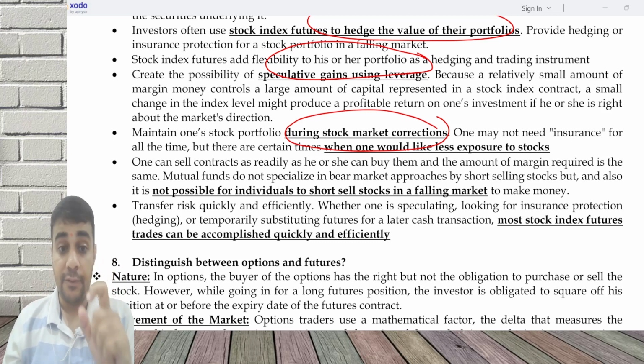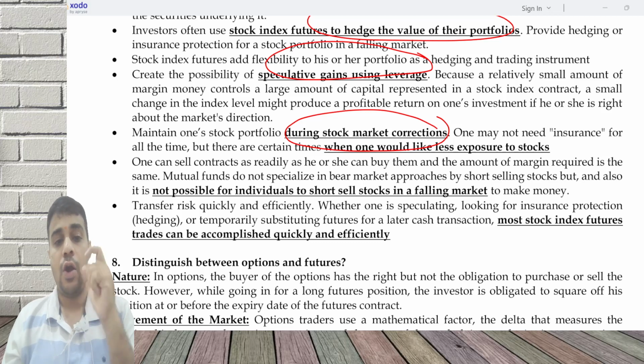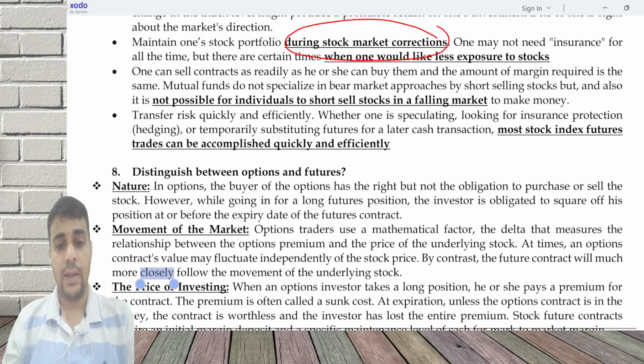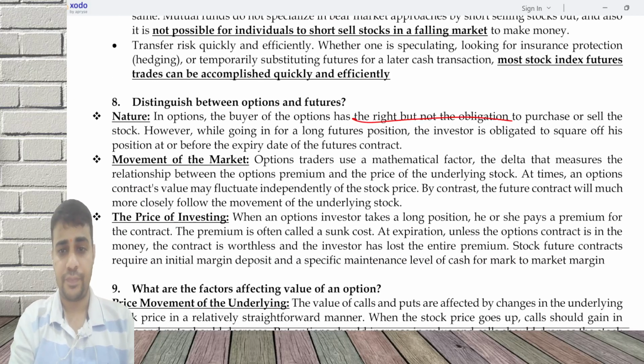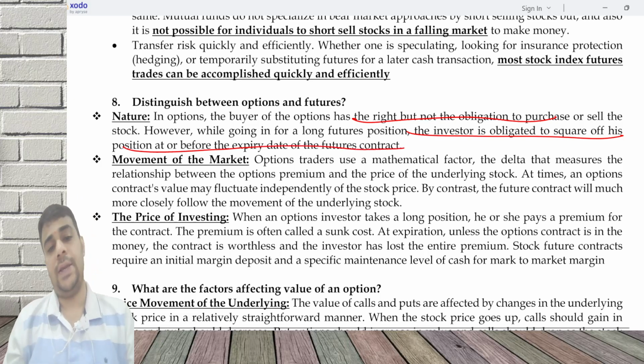So that's the benefit as far as options are concerned. In order to do this, you will obviously have to pay an initial margin money. So in an option, the buyer has the right but not the obligation. In futures, you have a right as well as an obligation.